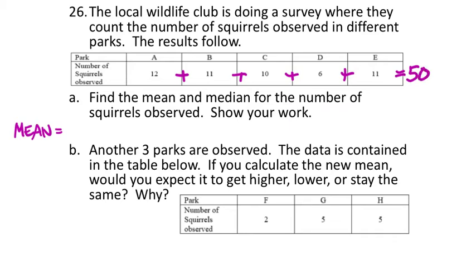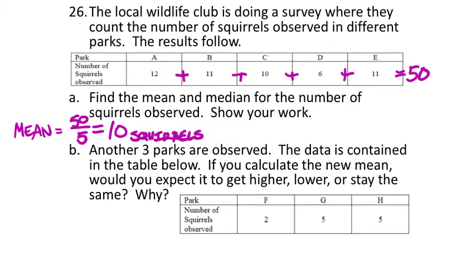So the mean will be 50, that's the sum, divided by the 5 values we've seen, which would give us a mean of 10. So on average, it appears that the number of squirrels observed in these parks would be 10 squirrels. And yes, this is a word problem, so I will label it in squirrels. And squirrel, 2 R's, there we go. And that is our mean.